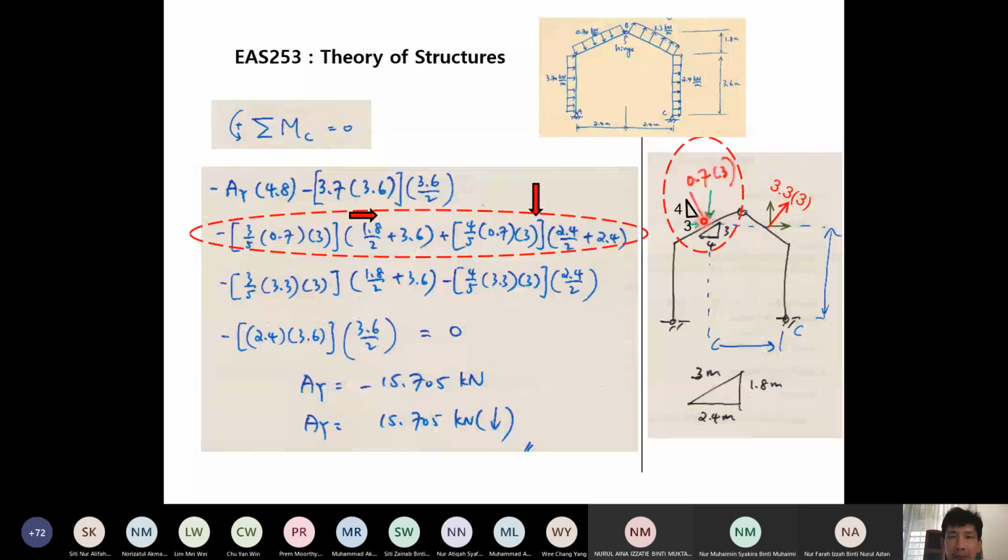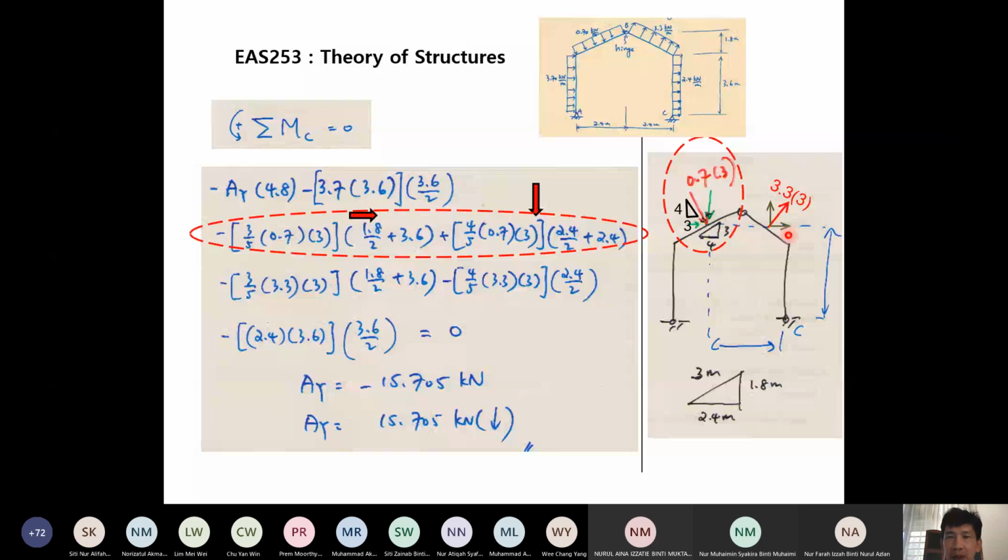Then the perpendicular distance will be this distance. So you draw a line passing through this vertical component and another line which is parallel to this passing through point C, and the blue line here is the perpendicular distance.